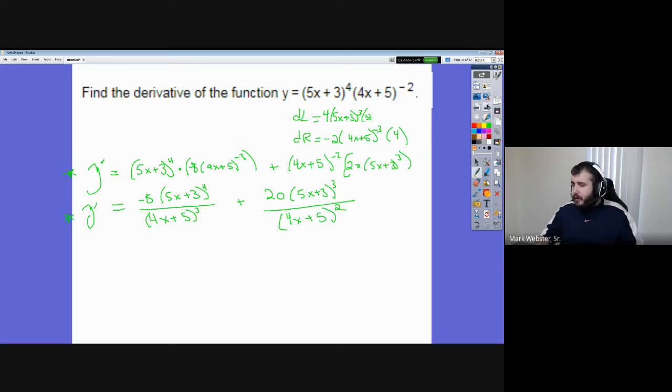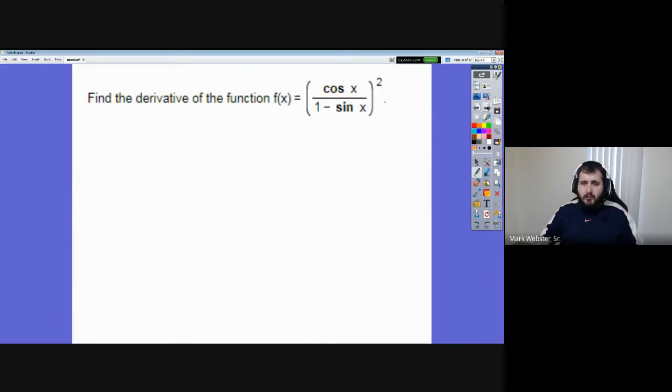Okay, let's keep going. Again, a lot of this stuff you can just breeze right through. Like here, don't be intimidated by how gnarly this is. Remember, we're going to take the derivative of the outside, multiply by the derivative of the inside. So let's start off. We've got our function, and we want to find our derivative.